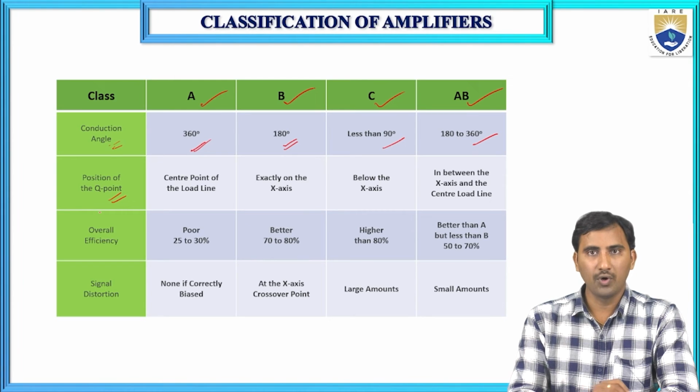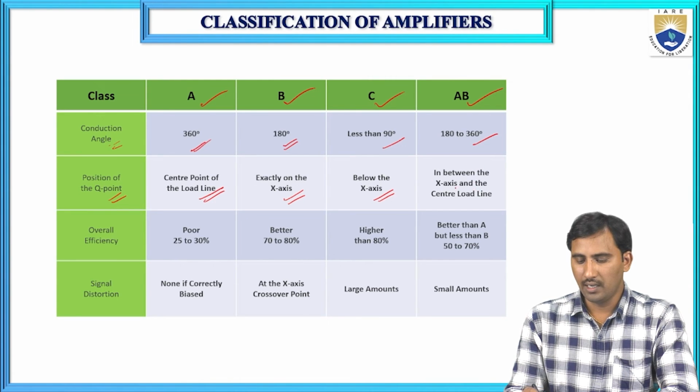And the position of Q point: for class A, it is the center point on the load line, for class B, it is on the x-axis, for class C, below the x-axis, and for class AB, between the x-axis and the center load line.